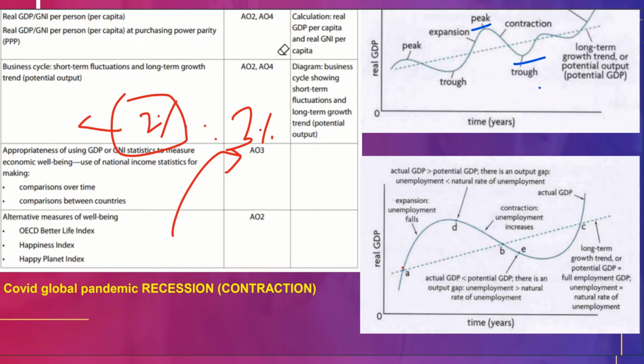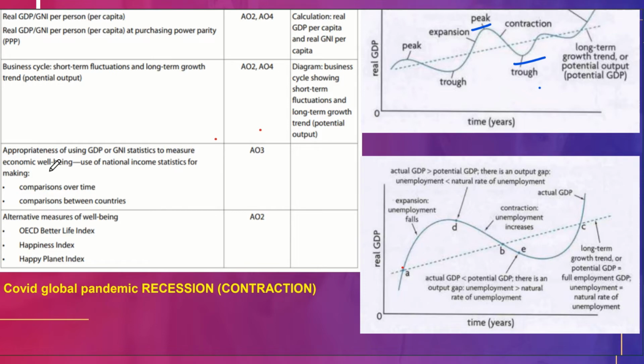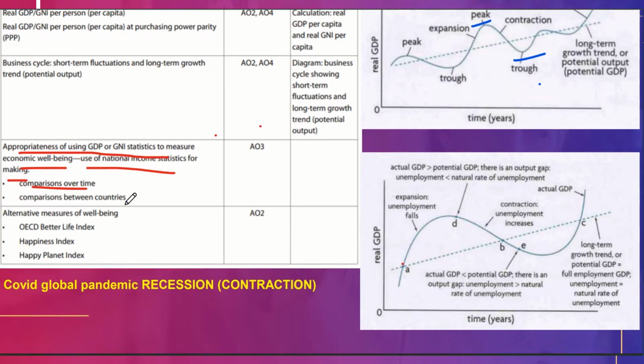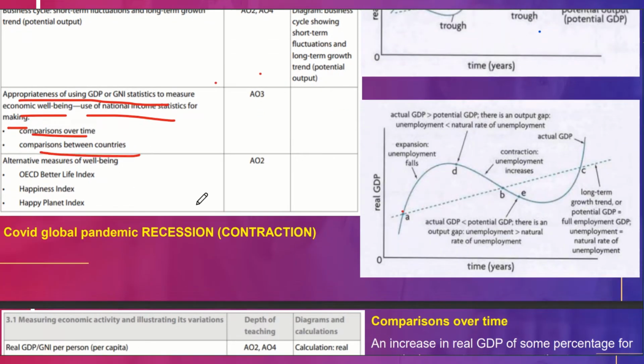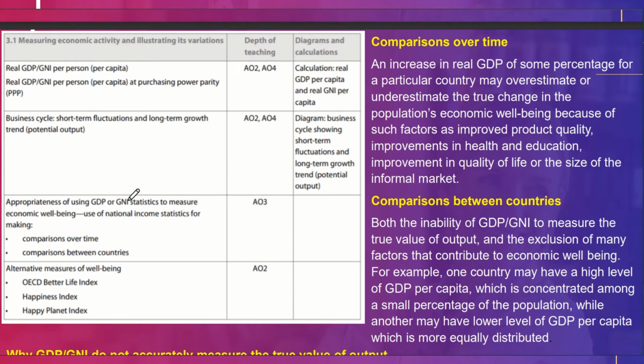Okay, so the next one is comparison over time. See, the approaches of using GDP and GNI statistics measure economic well-being, and national income statistics are used for making comparisons over time and comparisons between countries. See, an increase in real GDP by some percentage for a particular country may be overestimated or underestimated.